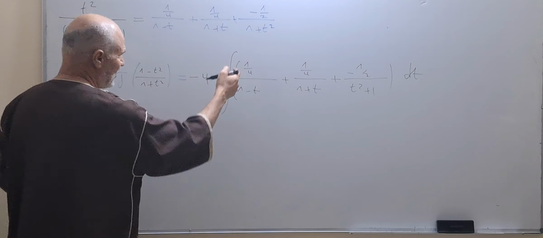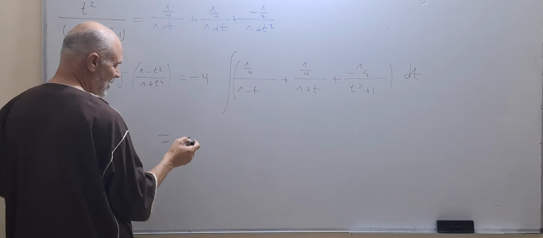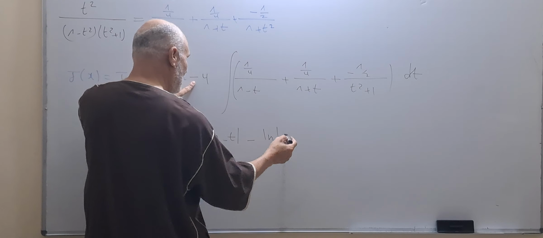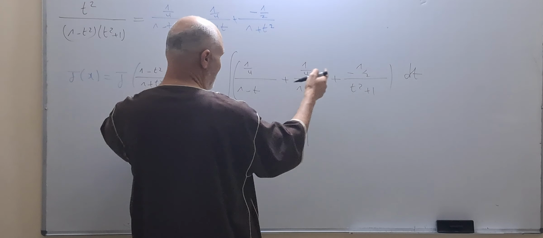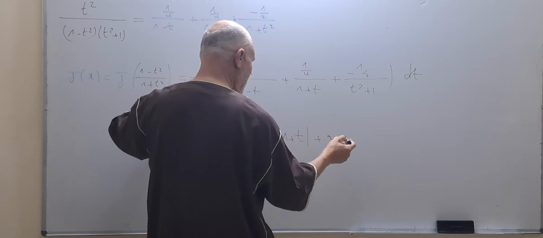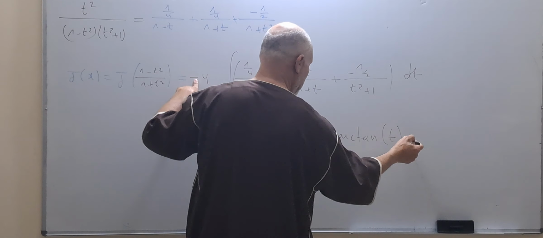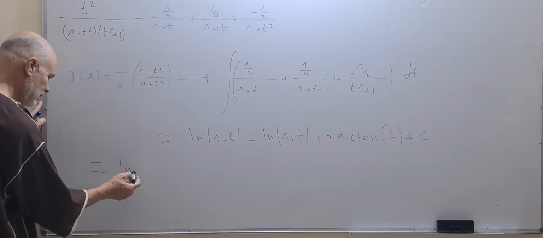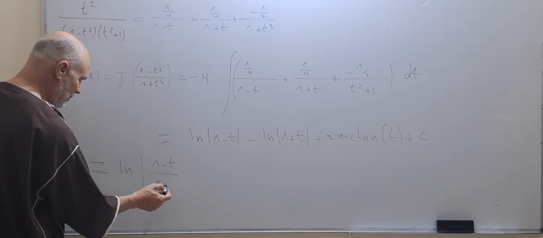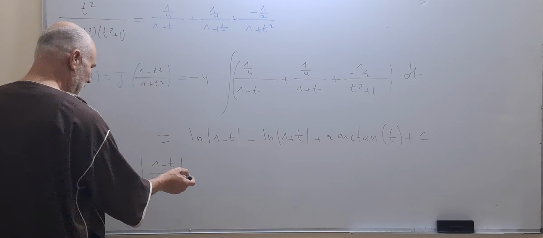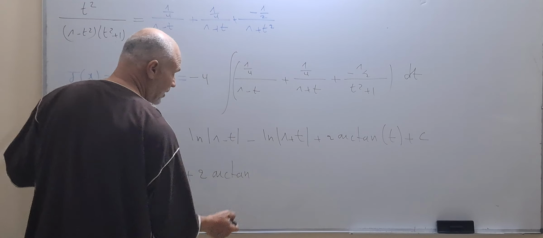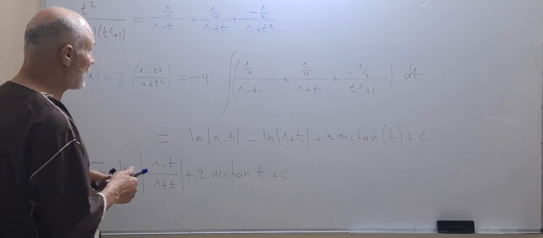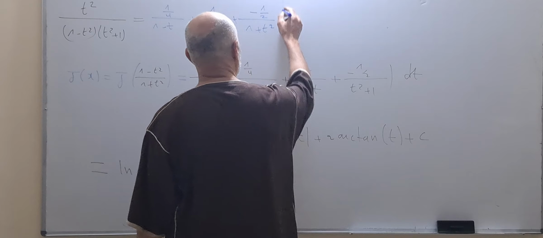We can simplify: it gives us ln of (1 minus t), minus ln of (1 plus t), plus 2 arc tangent t plus a constant, which finally turns to ln absolute value of (1 minus t) over (1 plus t), plus 2 arc tangent t plus c.